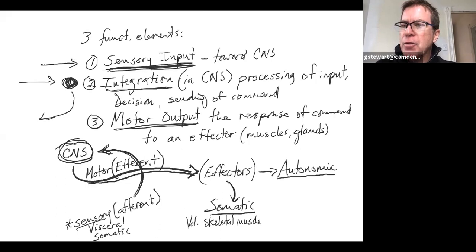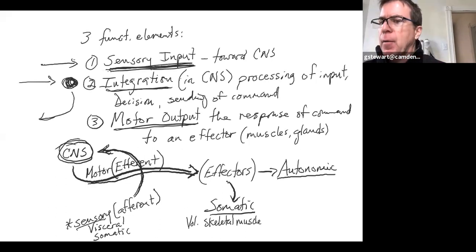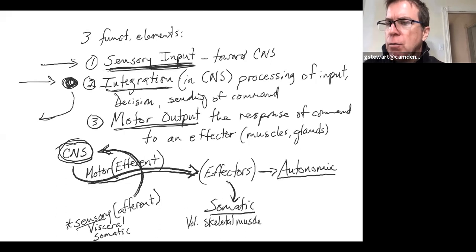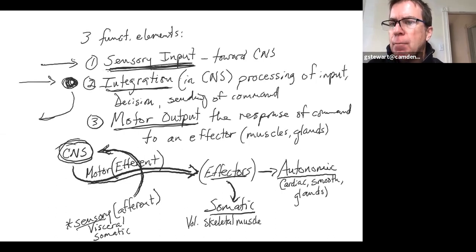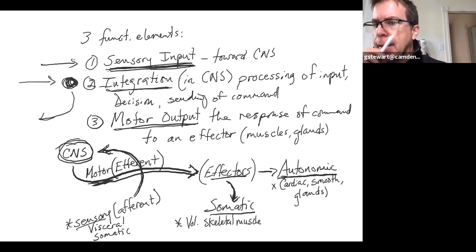Autonomic, almost think that it's spelled automatic, because the autonomic go to things that we don't have conscious control over, like cardiac muscle. So I'm going to write cardiac, smooth muscle, think digestive and respiratory organs, and glands. So the effectors of the somatic motor division are voluntary skeletal muscles. The effectors of the autonomic division of the motor nervous system are cardiac muscle, smooth muscle, and gland.